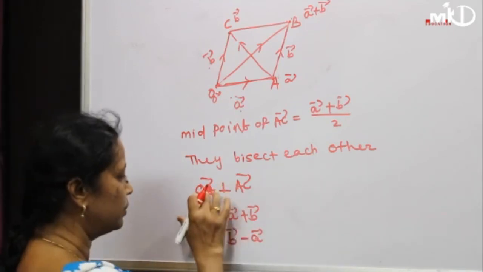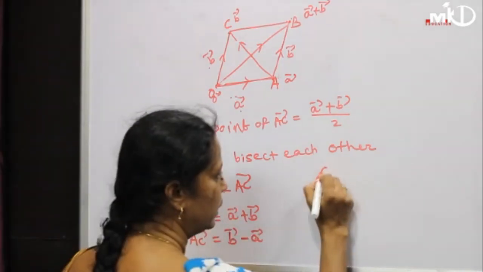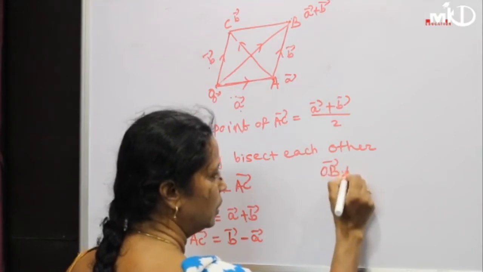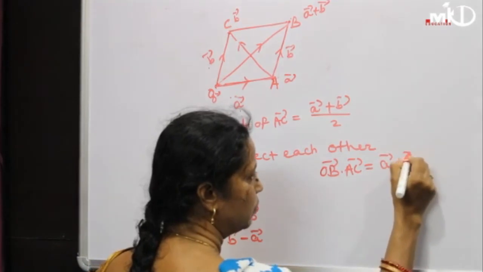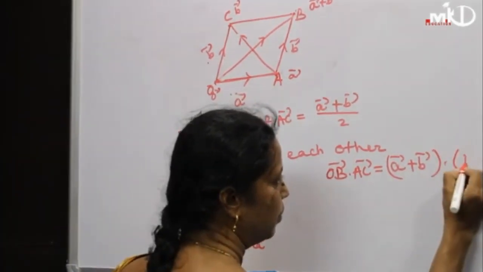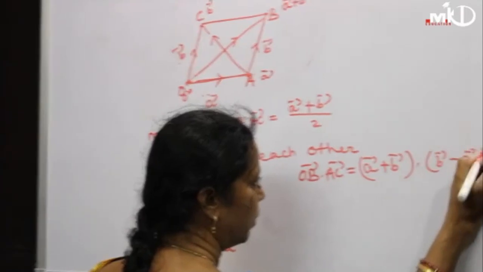So the dot product of these two diagonals, OB dot AC, is equal to A bar plus B bar dot B bar minus A bar.